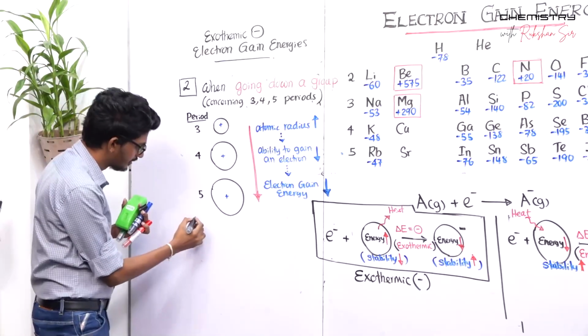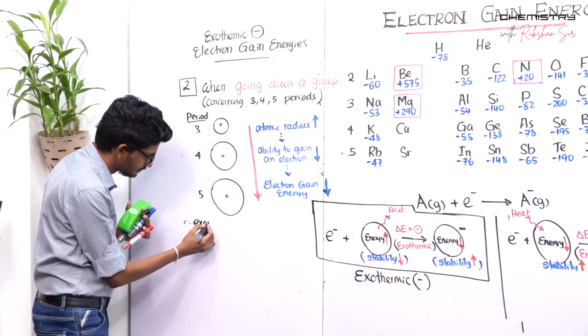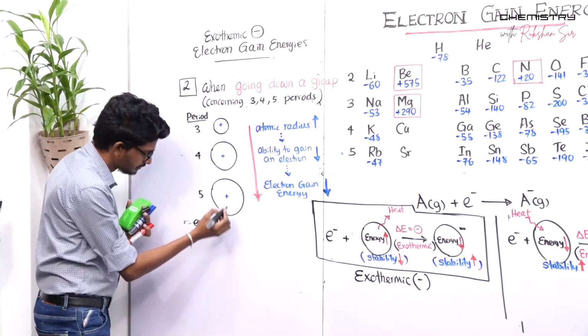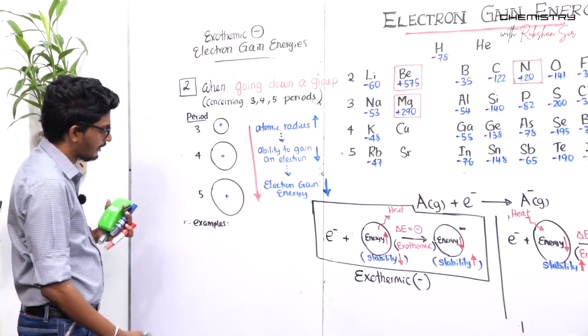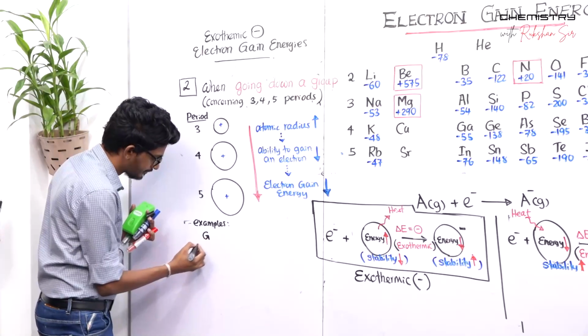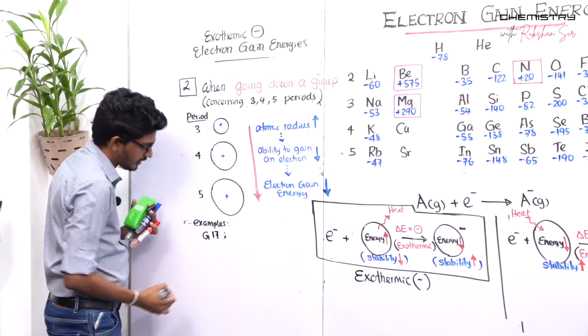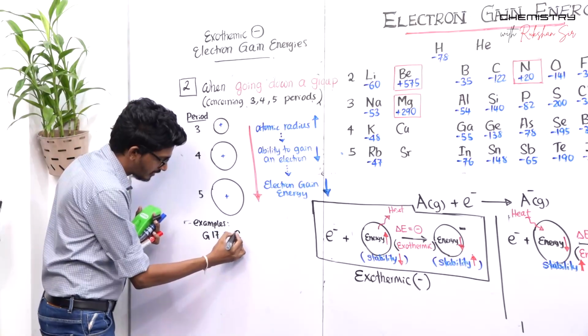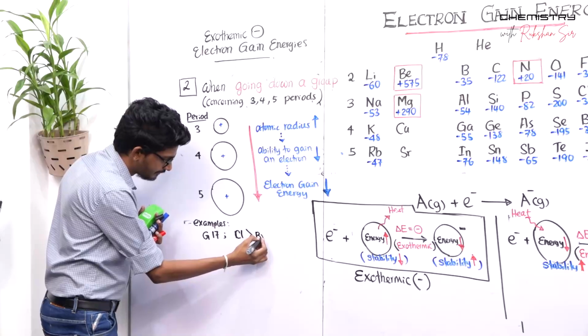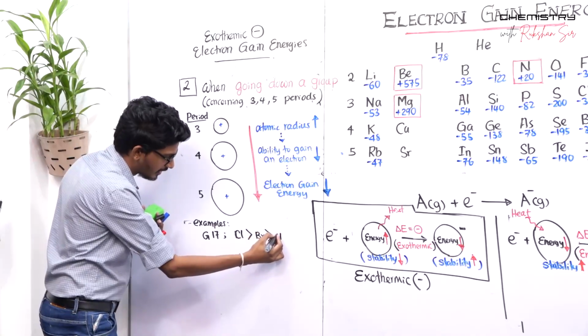If you need some examples, with group 17, chlorine has a greater value than bromine, which has a greater value than iodine.